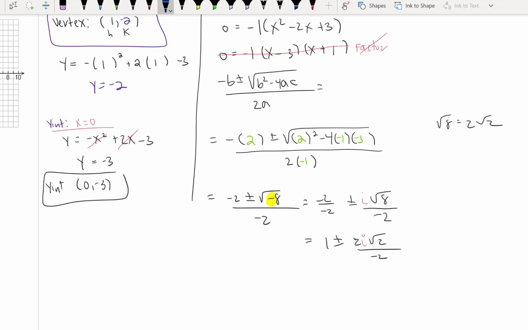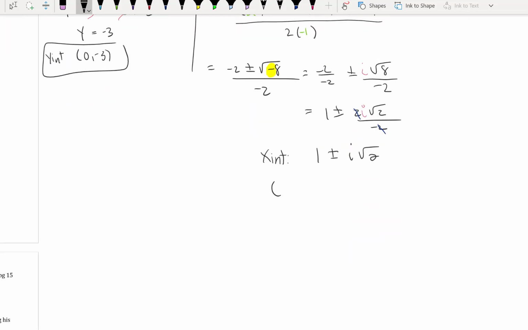And of course the 2's can cancel, so you have 1 plus or minus i square root 2. And with that negative 1, I don't really need it because I have that plus or minus already. So these are going to be the x-intercepts. So I have (1 plus i square root 2, 0) and (1 minus i square root 2, 0).